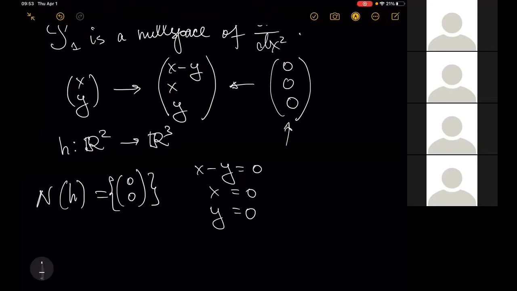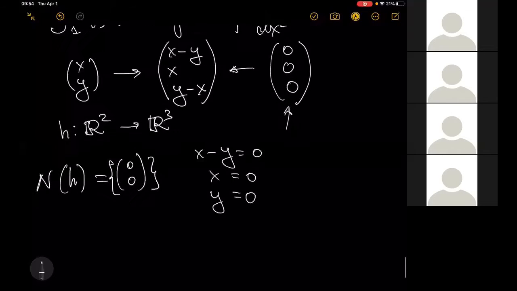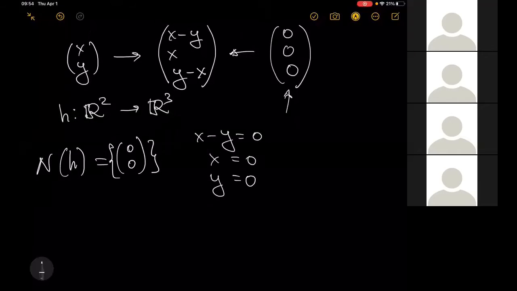Okay, now let me change it a little bit. Let me, for example, write something like that. So what will change? Here I will have this, right? So it means that if x is equal to y, I will get... no, it will still be the same. Okay.